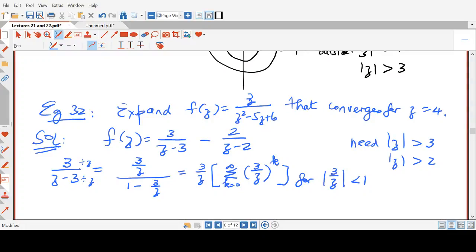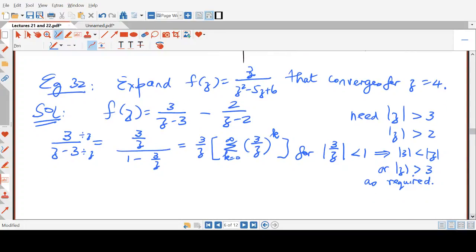It must converge, so the radius has to be less than 1, but this boils down to saying 3 less than z, or z more than 3, as required. That's what we want. So this is the formula now, if you want it to be z more than 3.